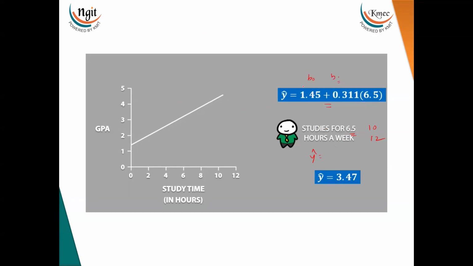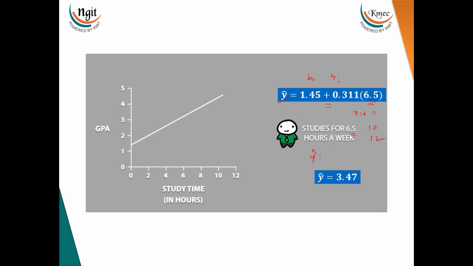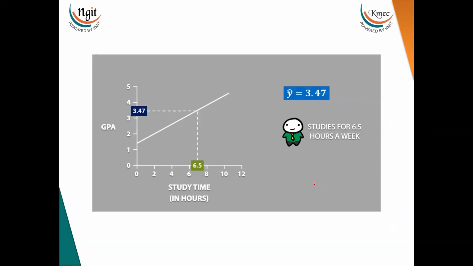Once you know the b naught and b1 values, you can easily predict the answer. That is, just place x equal to 6.5 here. So, if a particular student studies for 6.5 hours a week, the predicted GPA is 3.47. In this way, we are going to find out the prediction of this regression.